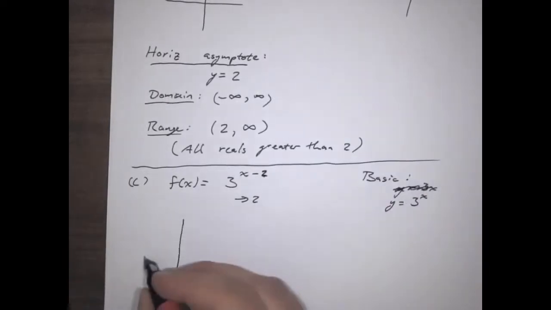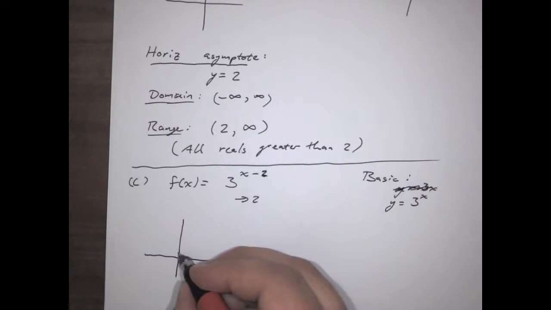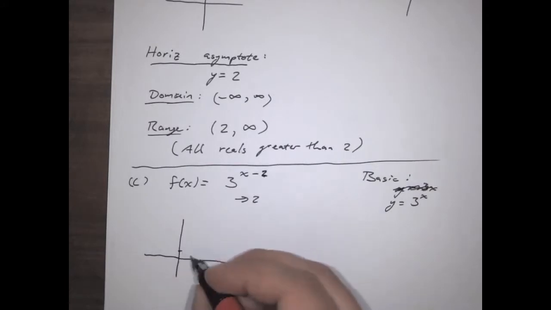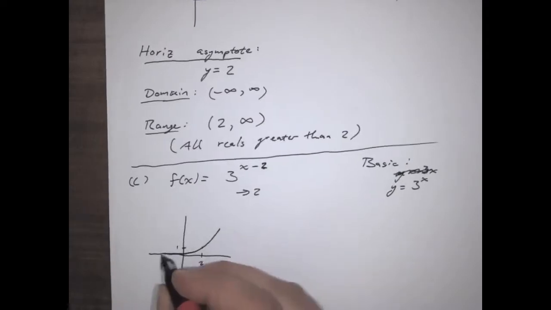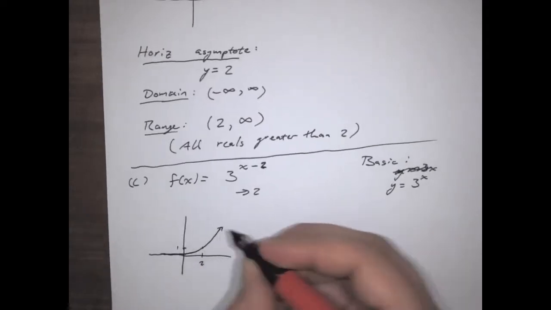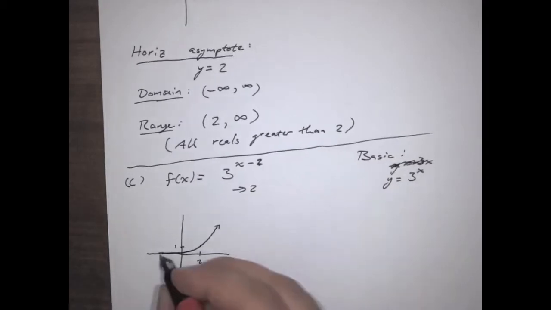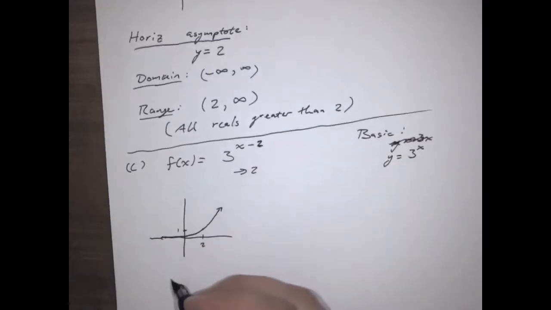And so what that means is basically the point that used to be at 0, 1 is now going to be at 2, 1. Other than that though, there's no visible difference. So what this means is that the horizontal asymptote is actually still where it was.